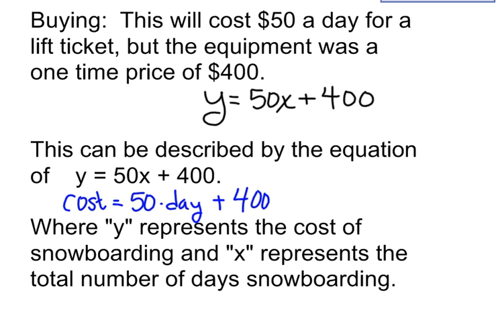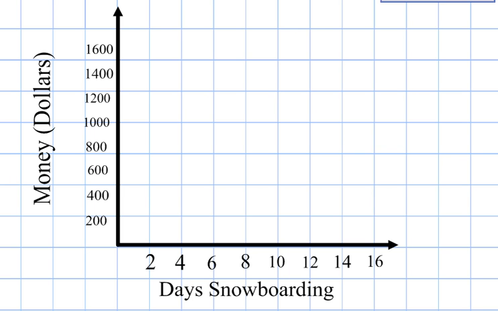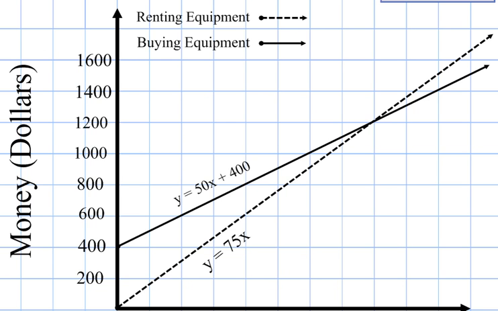So now that I've got two equations, I can graph them on the same piece of graph paper and see where they cross. So I've set up my axes. I've got money spent on my vertical axis, and I've got days snowboarding on my horizontal axis. And here's what these two lines look like.